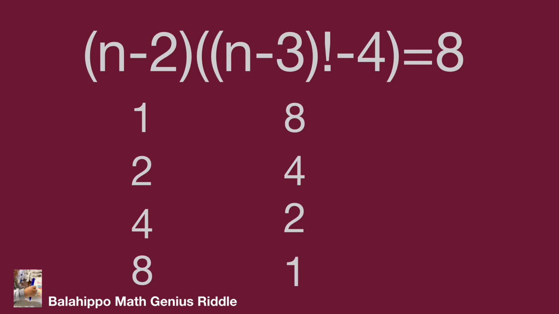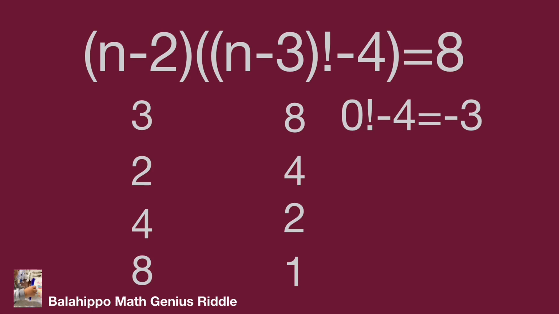When n−2 equals 1, n equals 3. Substitute n by 3 into (n−3)! − 4: (3−3)! − 4 equals 0! − 4 equals 1 − 4 equals −3. It is not equal to 8. This is not the answer.